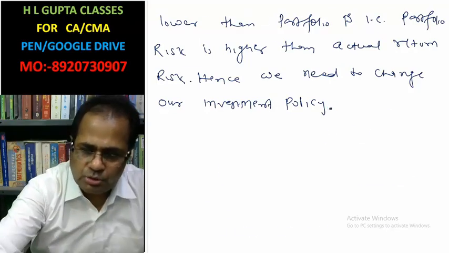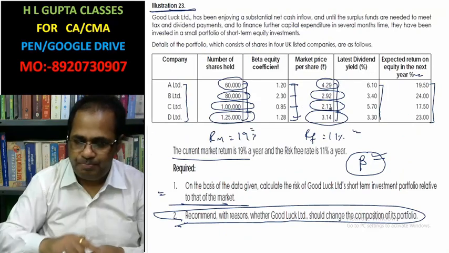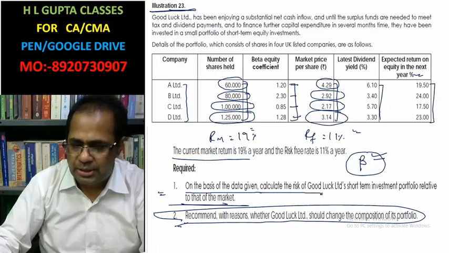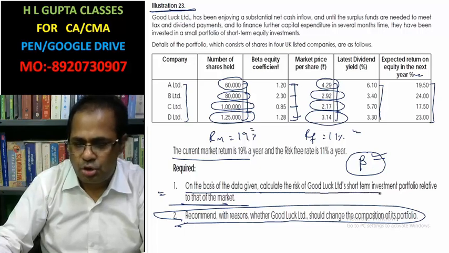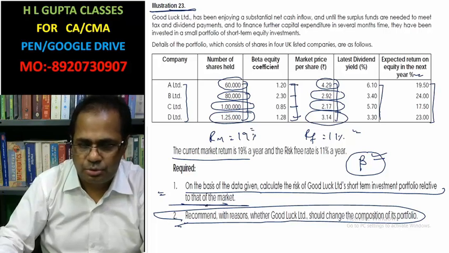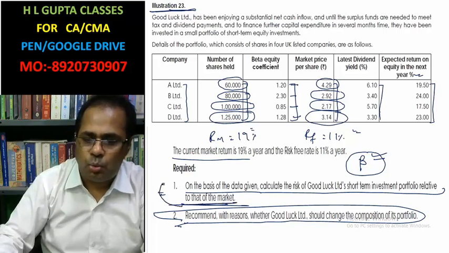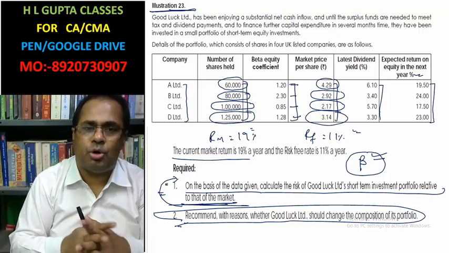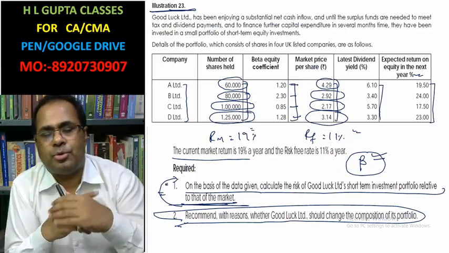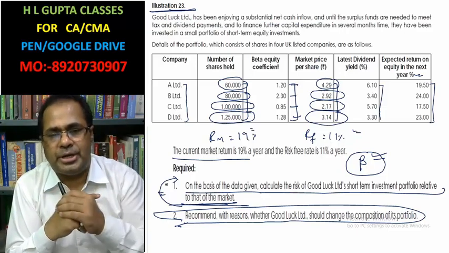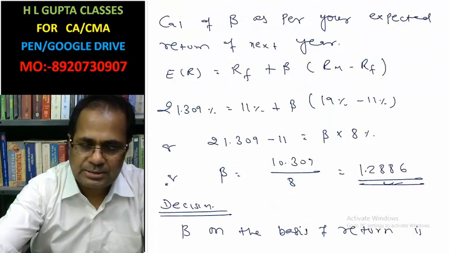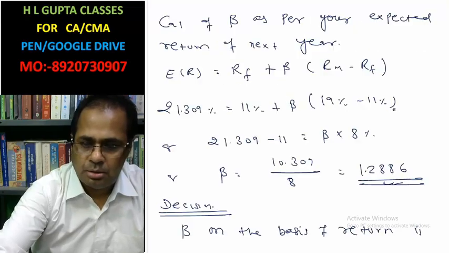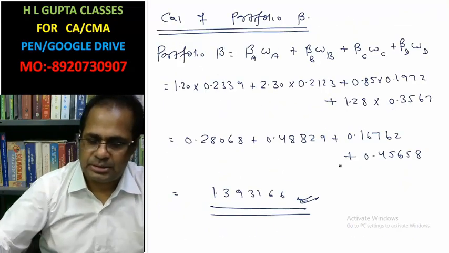So what was in the first question? On the basis of the data given, calculate the risk of the Good Luck Limited short-term investment portfolio relative to that of the market. It means you have to calculate what the portfolio beta should be on the basis of the return you have received, and I have calculated the answer here. This is your answer, beta.